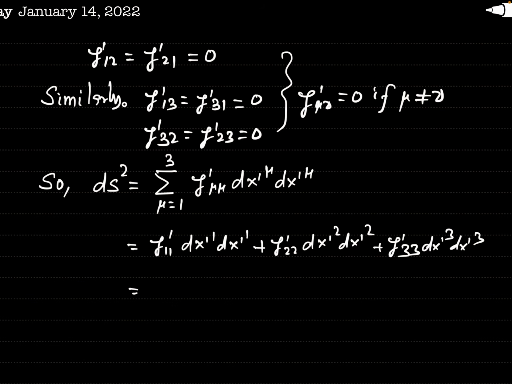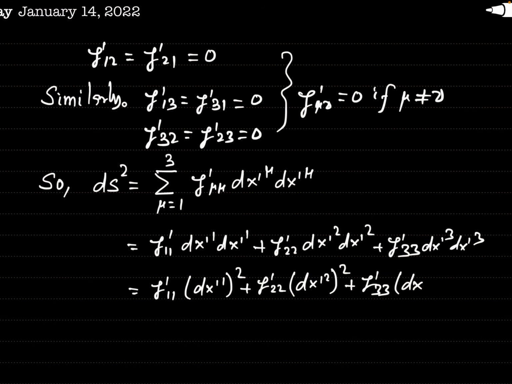So this is simply g prime 1 1 dx prime 1 square plus g prime 2 2 dx prime 2 square plus g prime 3 3 dx prime 3 square.